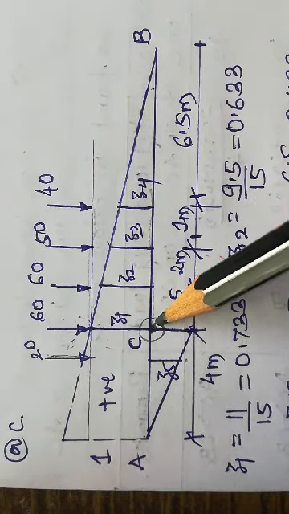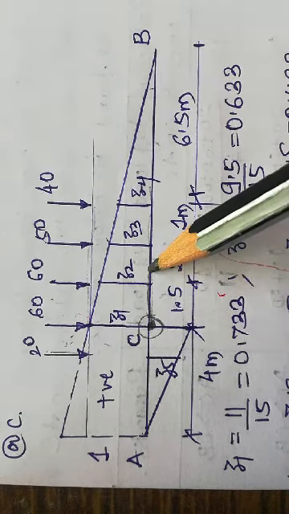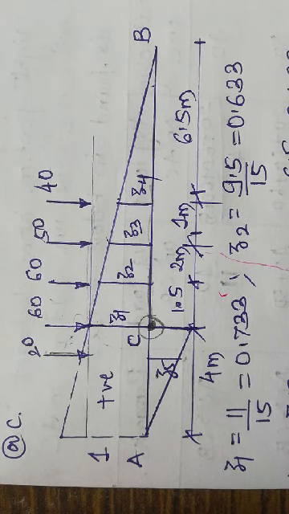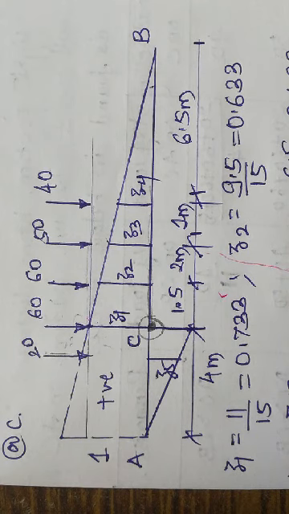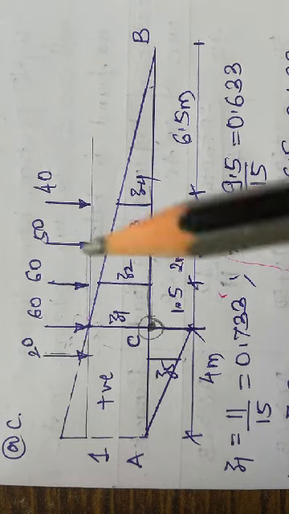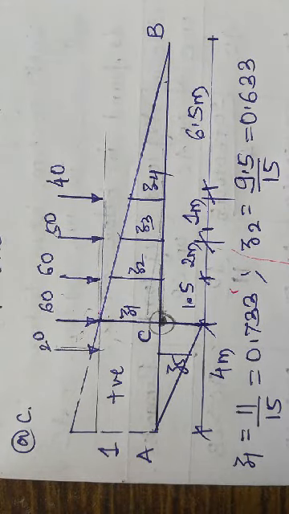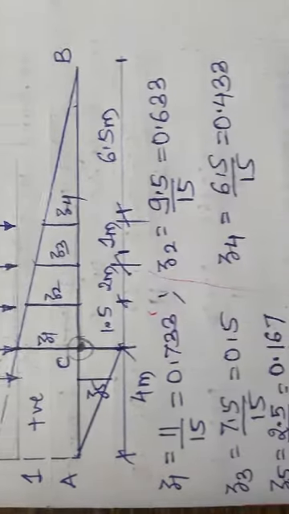The loads which come in the span of C to B only will be contributing to the positive shear force, and the loads coming in between the section A to C will be contributing towards the negative shear force. So now let us calculate the values for the ordinates for Z1 till Z5.